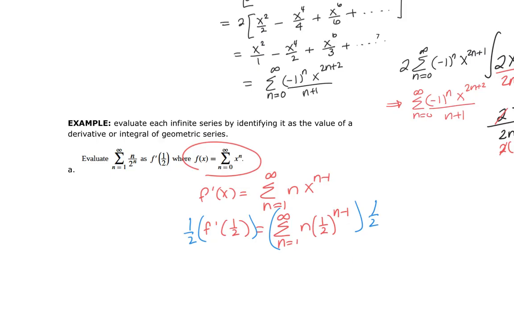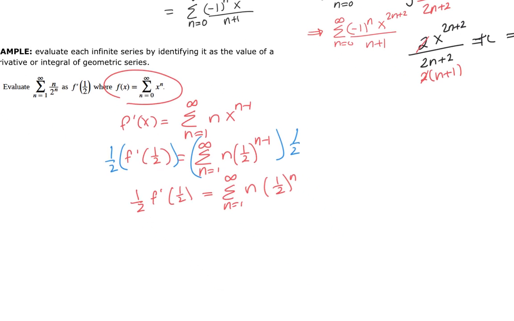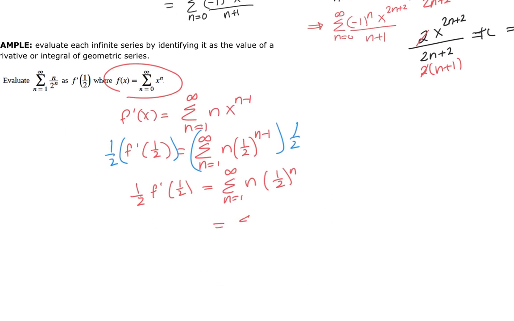And so I'm going to get 1/2 f prime of 1/2 is equal to the summation of n equals 1 to infinity of n multiplied by 1/2 raised to the n, which means this right-hand side is going to be the summation of n equals 1 to infinity of n over 2 to the n.